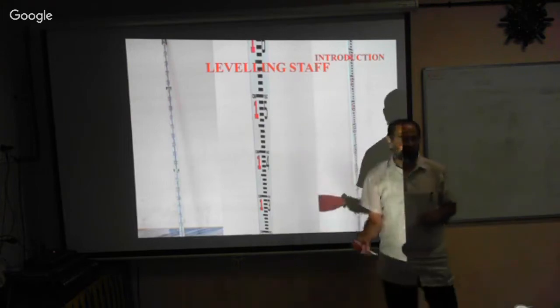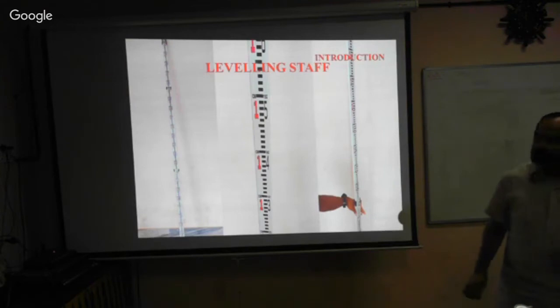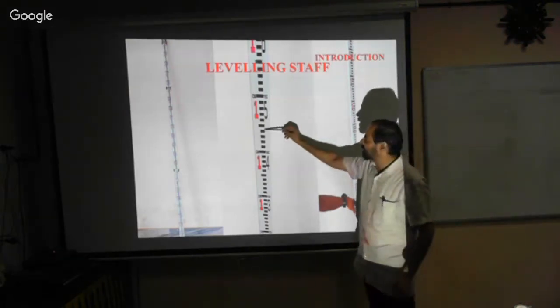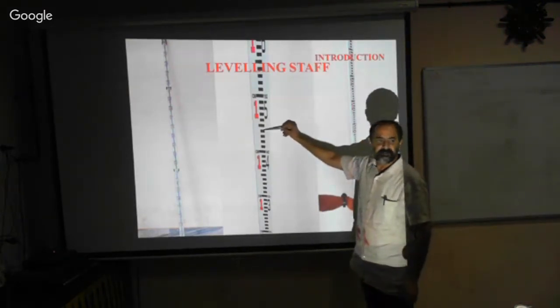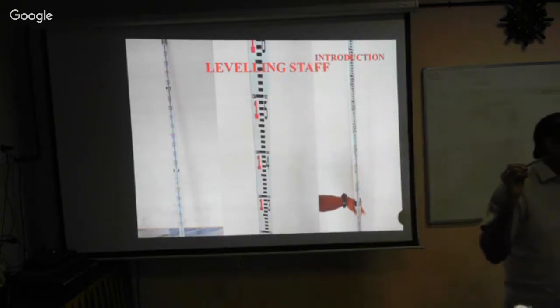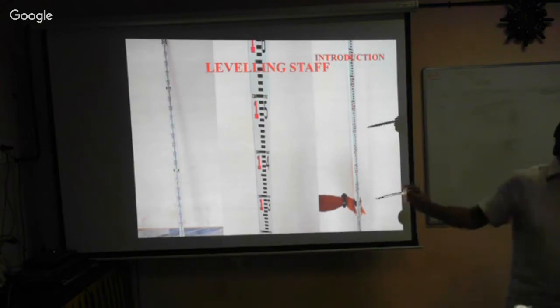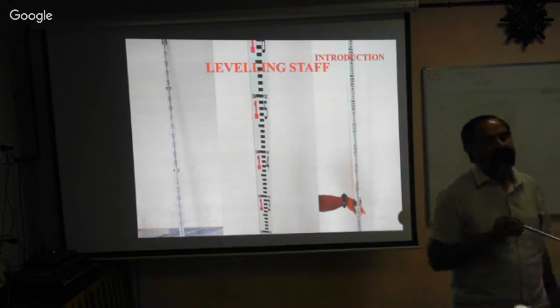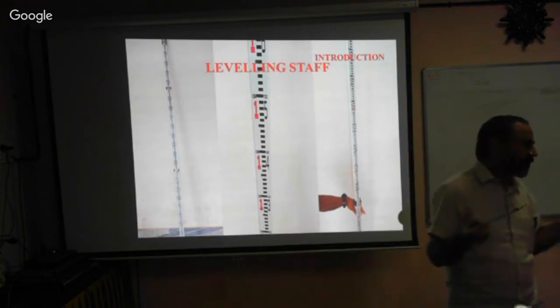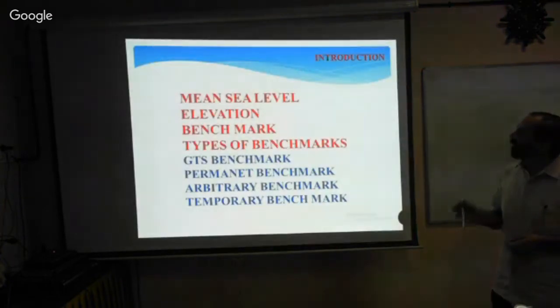The thickness of each band is 5 millimeter. There are 2 bands, one black band and the other white. Therefore, the least count of this is 0.005 meters, or 5 millimeter. That is the minimum value we can read from this instrument. It is a measuring rod. That's all, nothing else. Okay? We will go to the next, please.